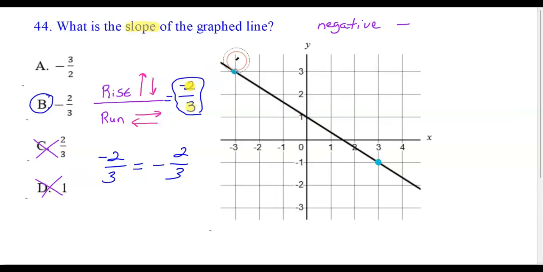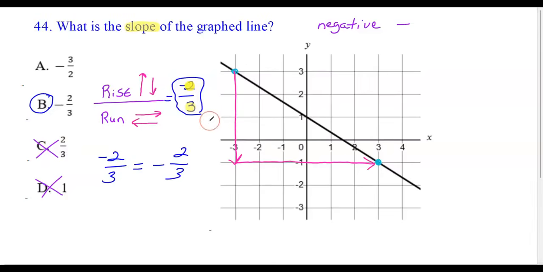And he said to me that he didn't get the correct answer. So watch what happens here. I'll do my slope triangle again. From here, I'll move down and then to the right. This is 1, 2, 3, 4.